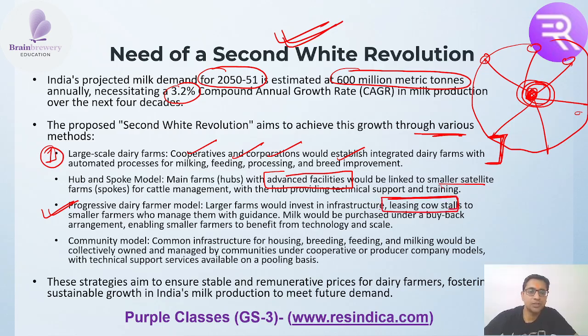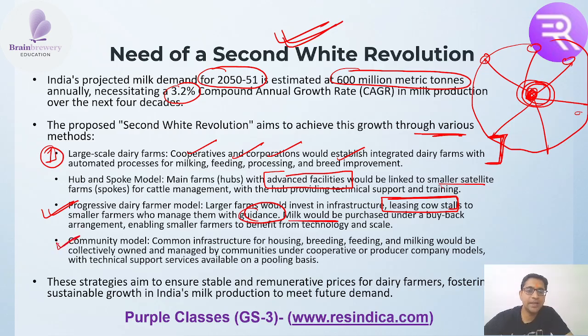Smaller and marginal farmers should manage this whole process, and the big and large farmers can provide them with some kind of guidance. Then milk should be purchased from them based on a contract buyback agreement, so that large farmers along with medium and small farmers gain from this whole process.